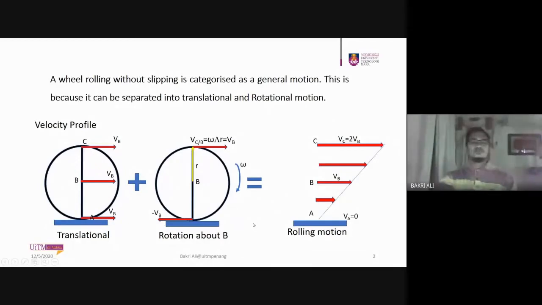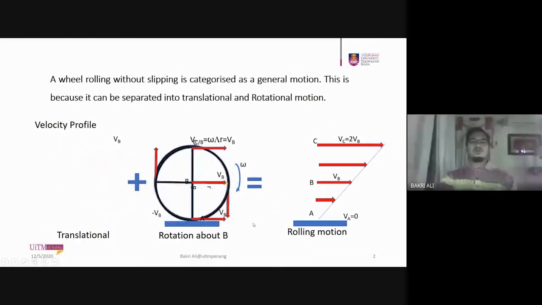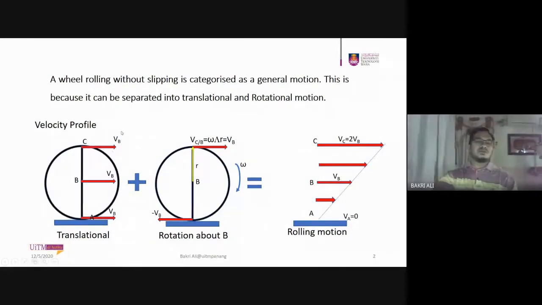If you can see the animation, the wheel moves to that position and then rotates, and it produces a rolling motion on the left. From the translational velocity, all points move with the same VB, and due to the rotation, it also creates another relative velocity, VC/B, about point B, which is the center of the wheel.